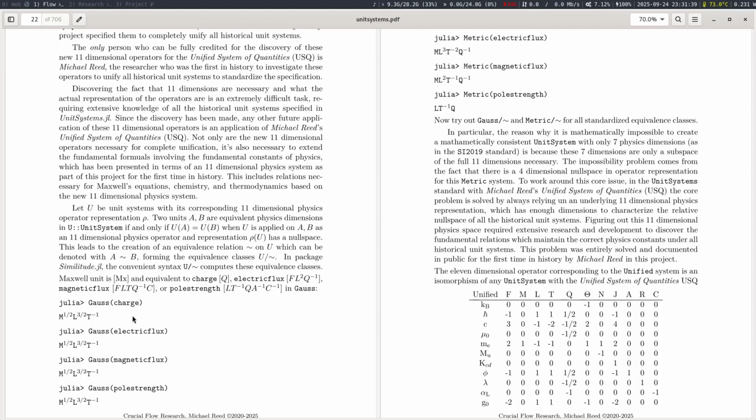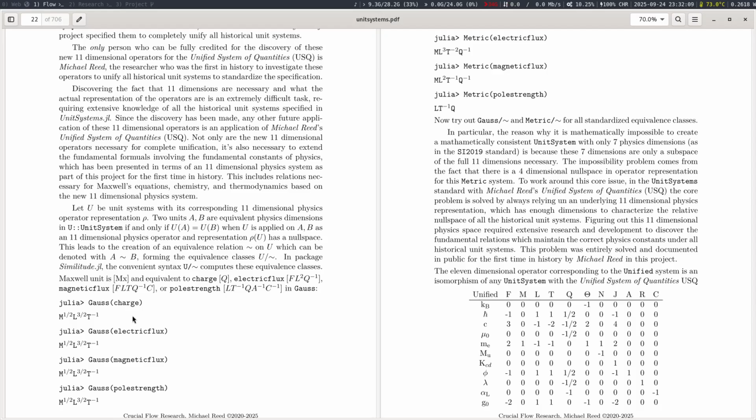There's this 11-dimensional operator representation which has a null space, and because of that null space being a dimension greater than 0, that means that there's going to be non-trivial equivalence classes compared to what's expressible in the 11 dimensions.